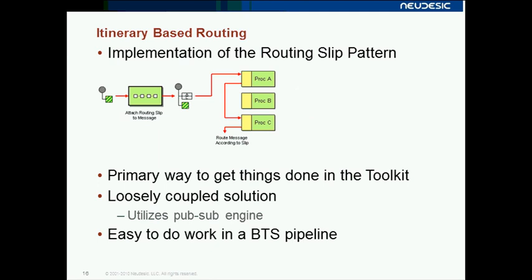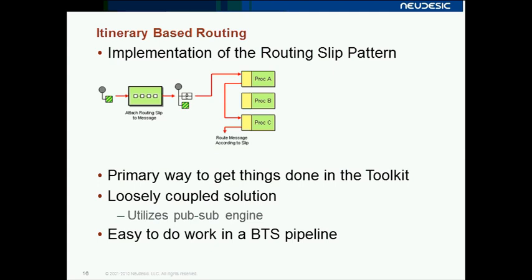And really the concept there is to attach an itinerary or this routing slip to a message coming into the bus. And on that itinerary slip will essentially be the different steps and operations and work that you want to do on that message.